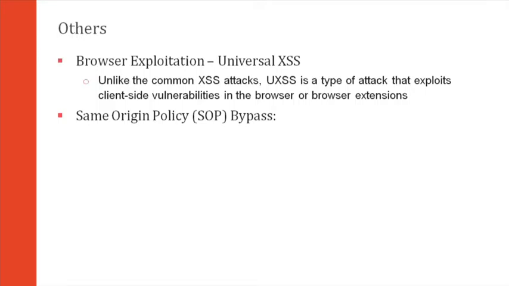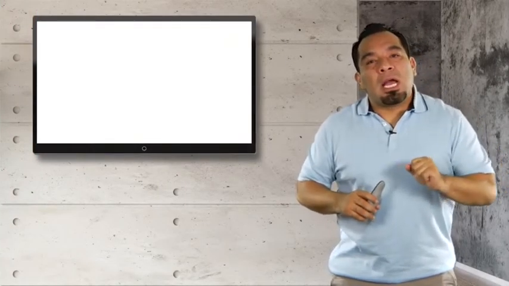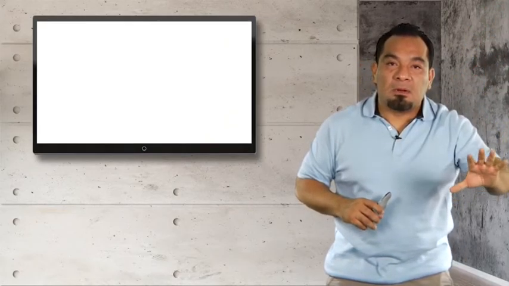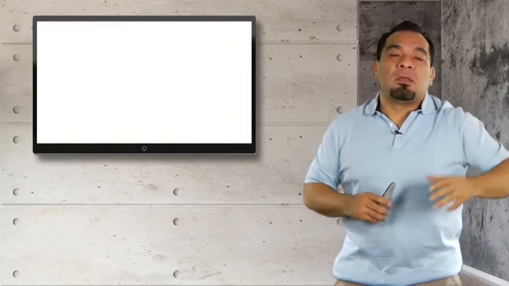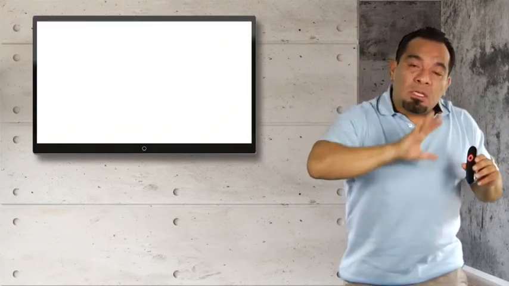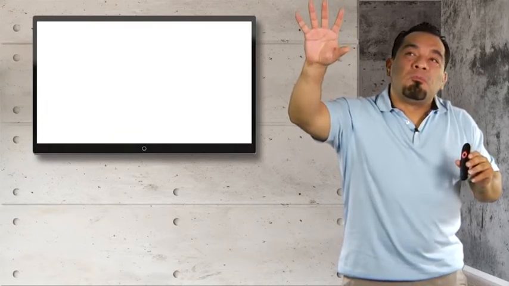When we talk about browsers and websites, there is a concept known as same origin policy. Let me explain a scenario. Let's suppose that you have your session in a bank, online banking, right? Here is your web page. And let's suppose that you open a second window and navigate to a blog.